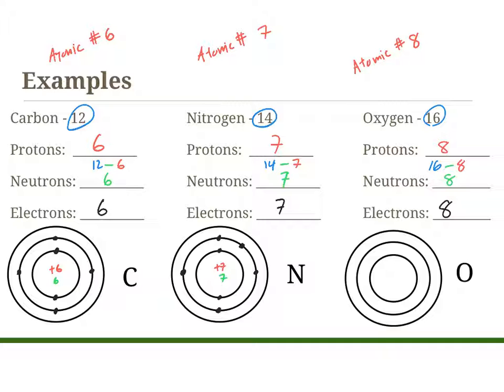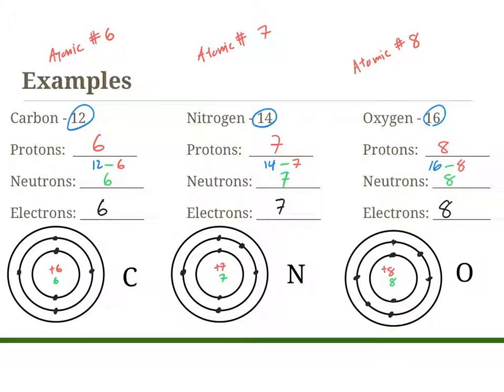So I'm going to start with my 8 protons and my 8 neutrons, and then I'm going to start putting in my dots: 1, 2, 3, 4, 5, 6, 7, 8.